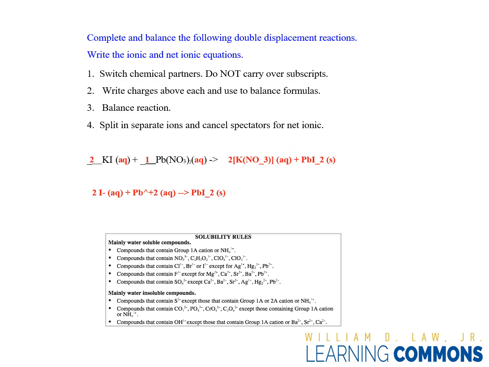Let's write it down. The lead here has a charge of +2, and iodide is -1. In the final form, I write lead, and iodide with a subscript of 2.